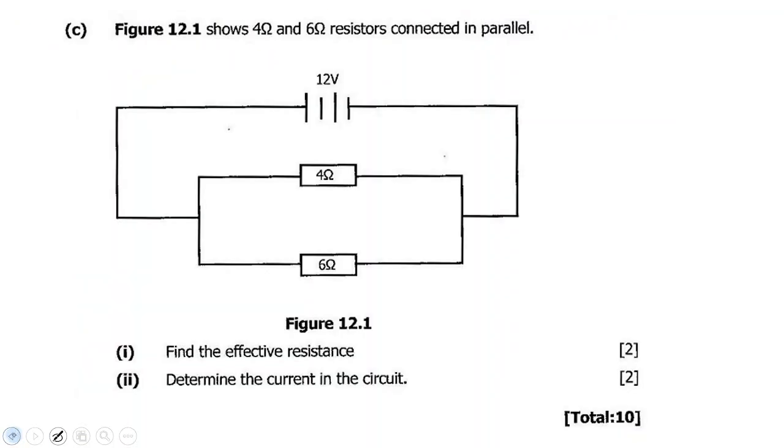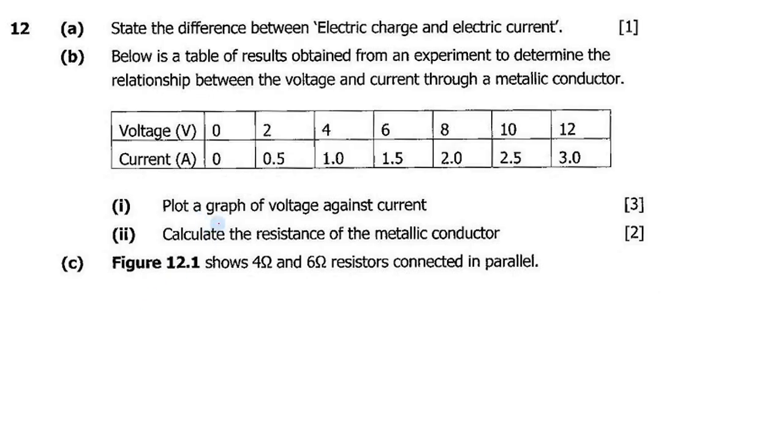Then we are plotting a graph of voltage against current. Voltage against current means this side we are plotting voltage, the title voltage against current. So we can underline it like that.